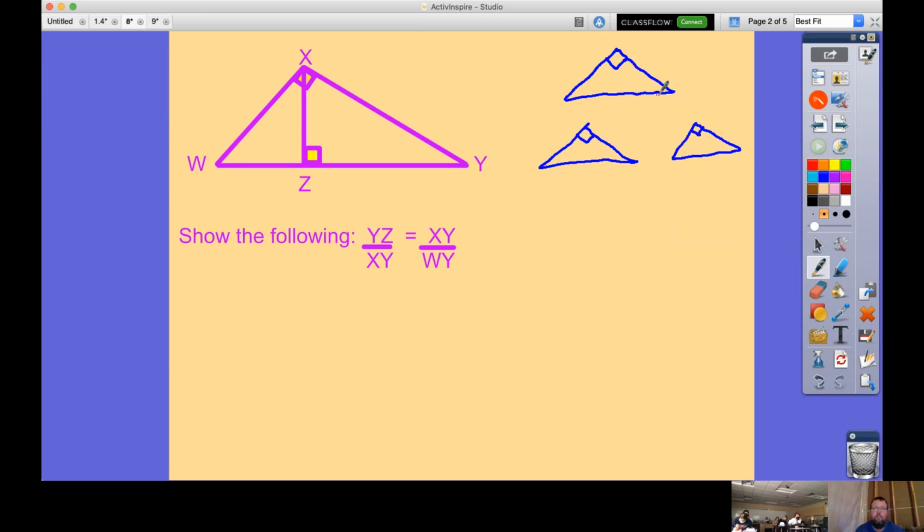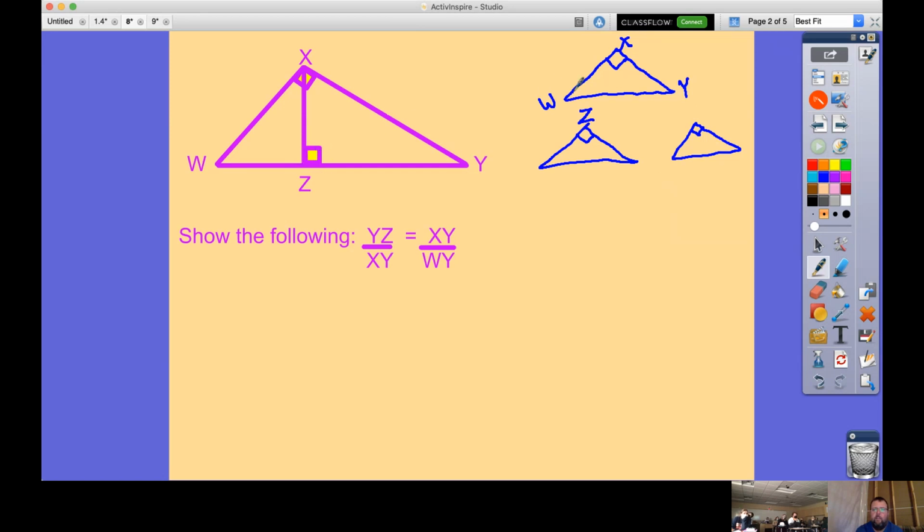All right. But then we've got to figure out where the points go for our corners here. So if we're talking about the big triangle on top, we know that this is an X, this is W, and this is Y. All right, that's for the big one. For the left one then, what we do know for sure is that Z is where the 90-degree angle is.